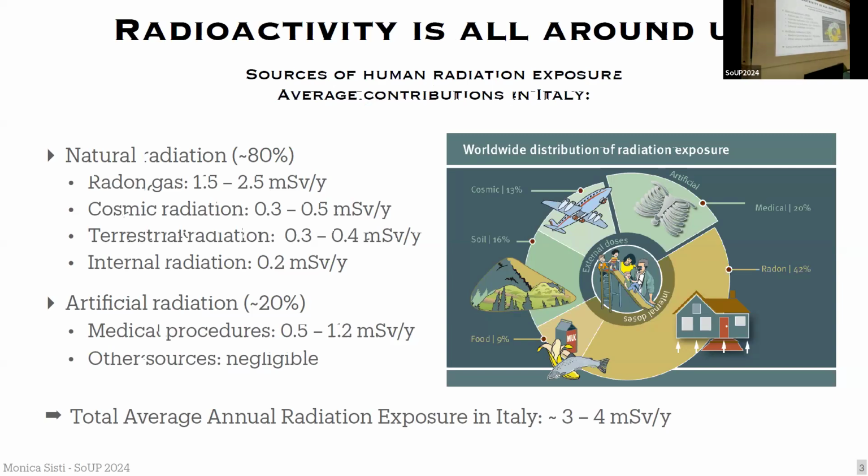And this comes for the most part from the radon gas that is a daughter of uranium-238, we will see it in depth later, from cosmic radiation that is bombarding our Earth constantly, from terrestrial radiation, fossil nuclides, and internal radiation.